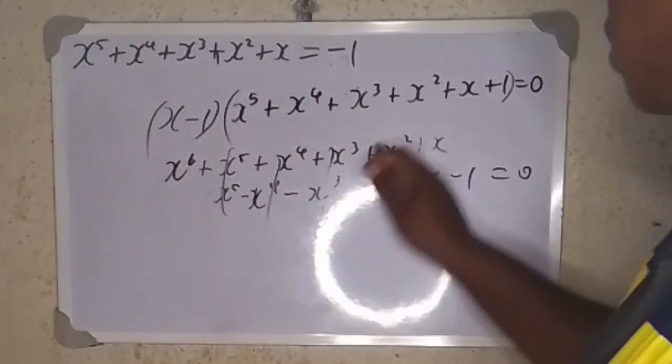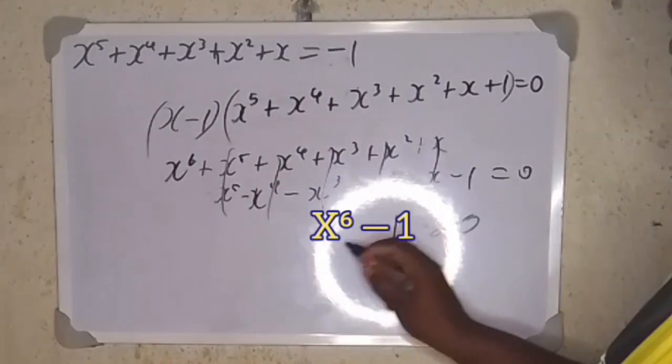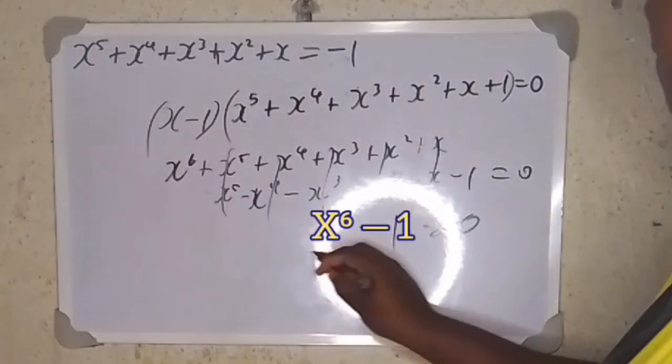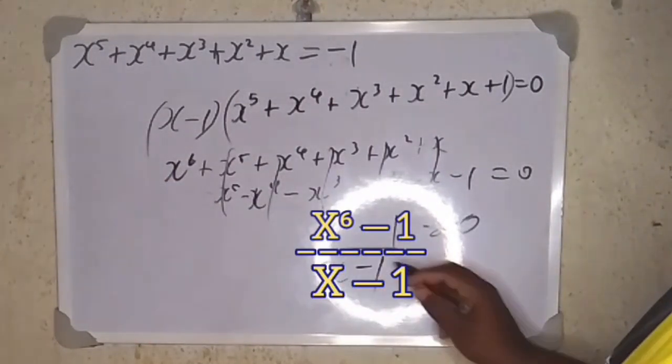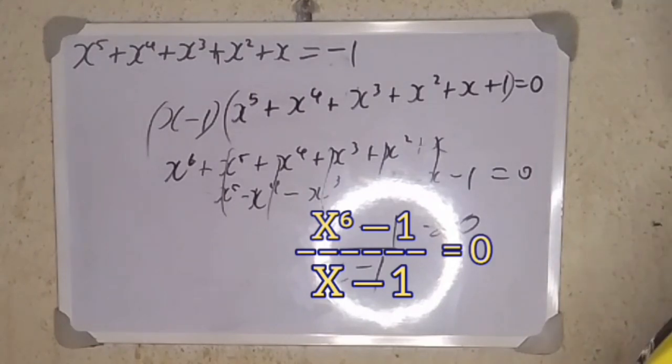So all this will cancel out, leaving us with x to the power of 6 minus 1 divided by x minus 1 is equal to 0.